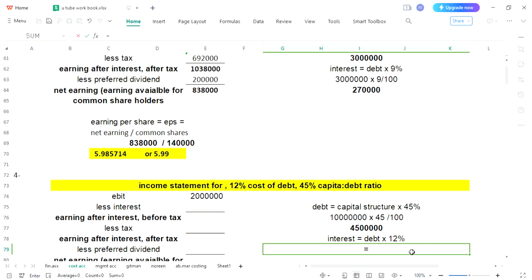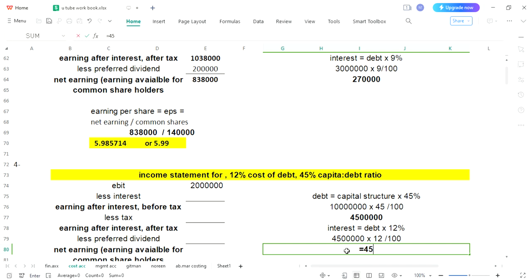45 lakh is your amount of debt, and then you need to multiply it by 12 and then divide by 100.